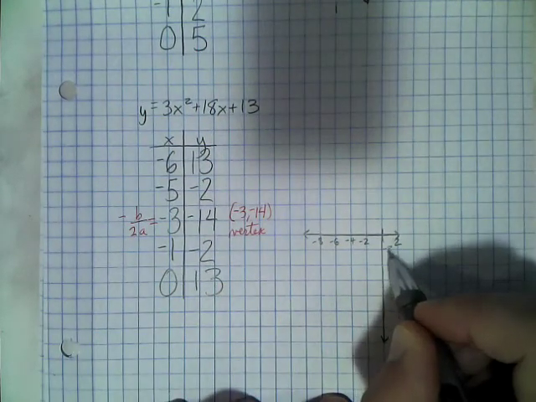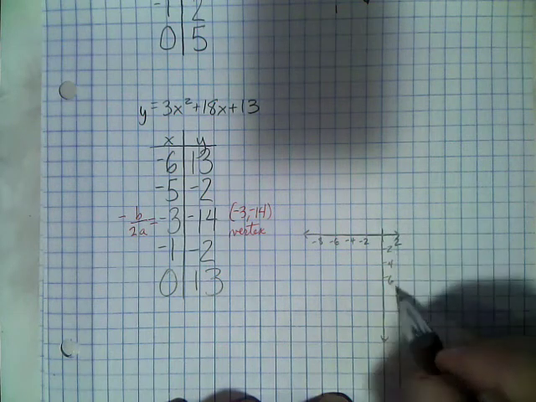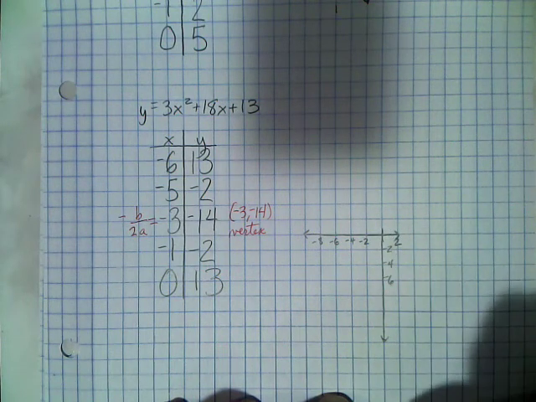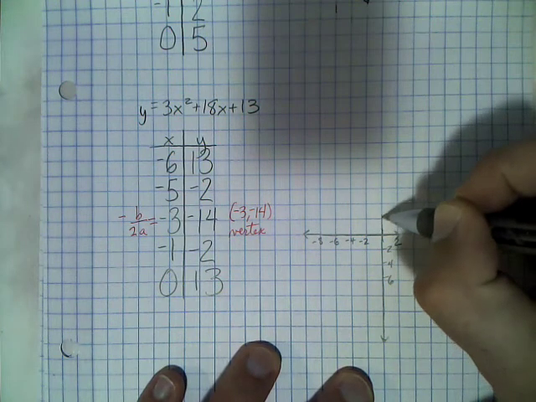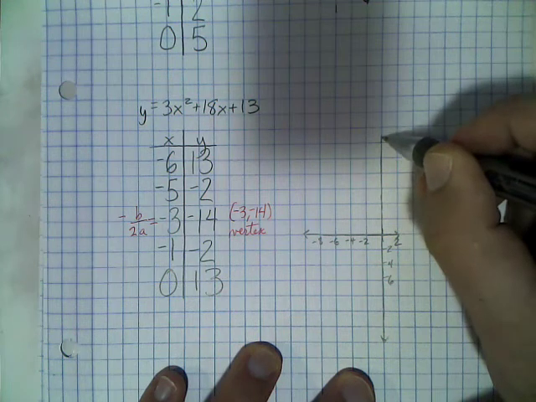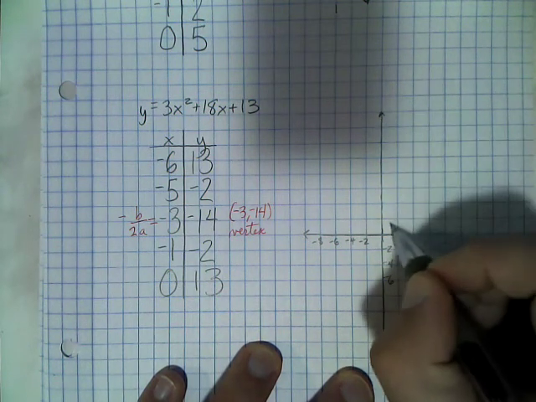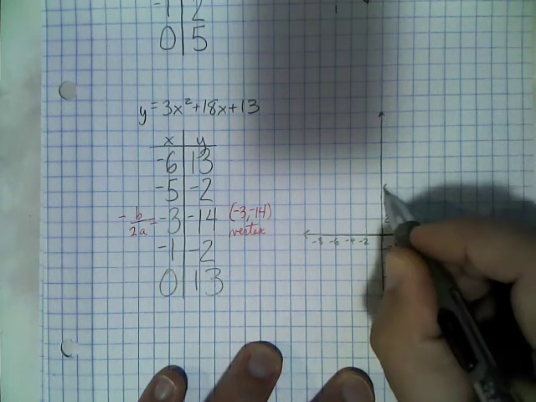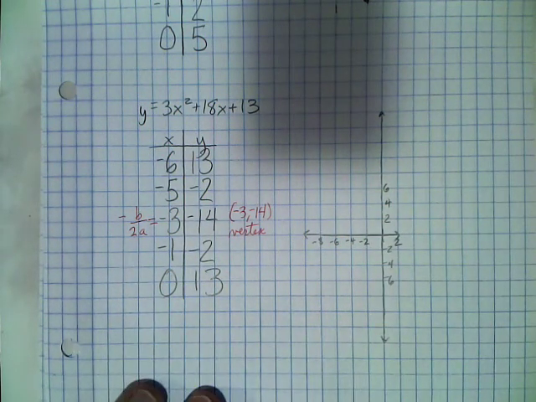So again, -2, -4, -6. Don't need to label all of them, really just need to get the gist of it. So going up, I've got 2, 4, 6, 8, 10, 12, 14, 16. So likewise, 2, 4, 6, just enough to get the gist of what's going on here.